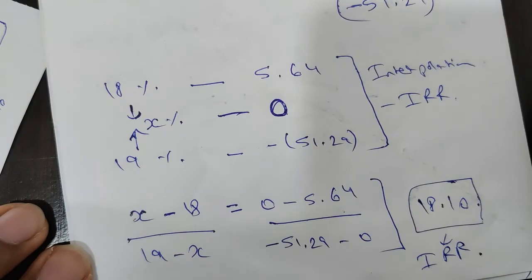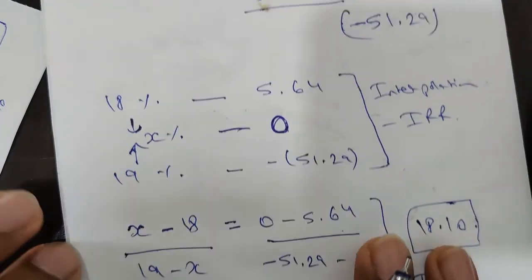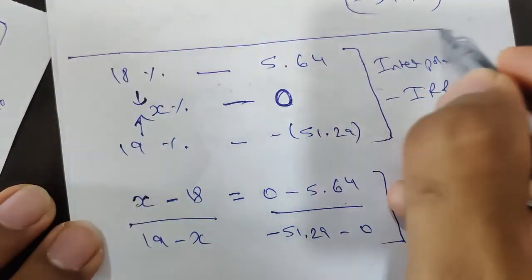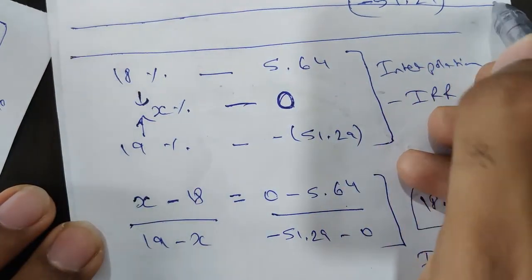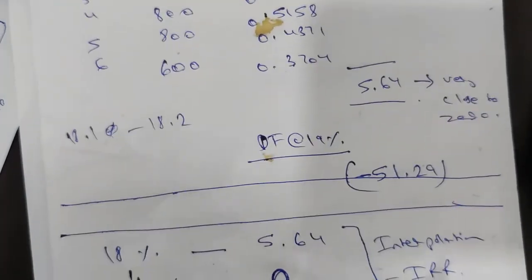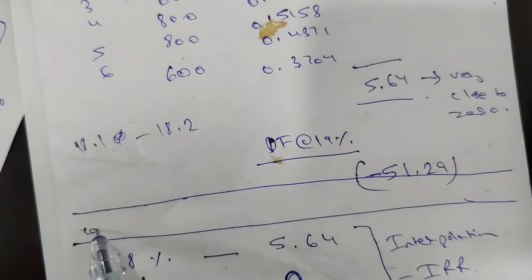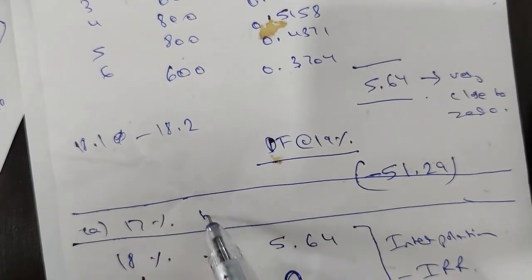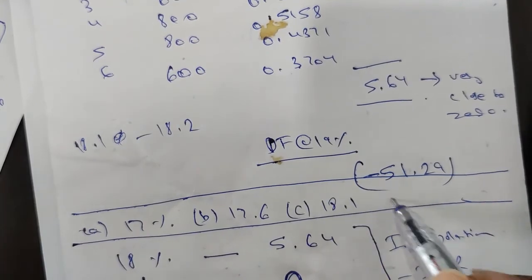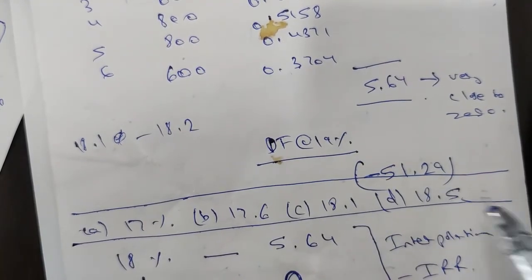Now okay, what to do in the exam then? See, understanding the concept is very easy, but in the exam, suppose you are told to compute the IRR of these cash flows and you are given options. Suppose A, they tell you 17%, B, 17.6, C, 18.1, D, 18.5.